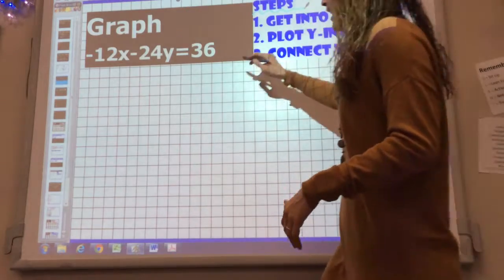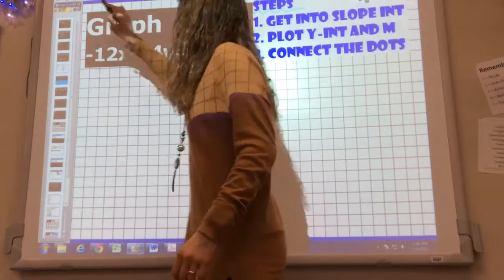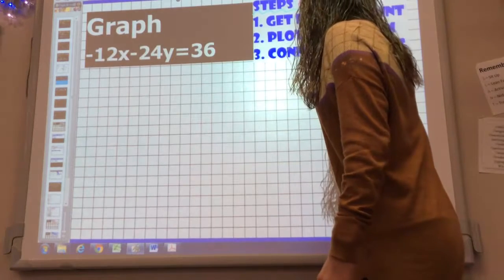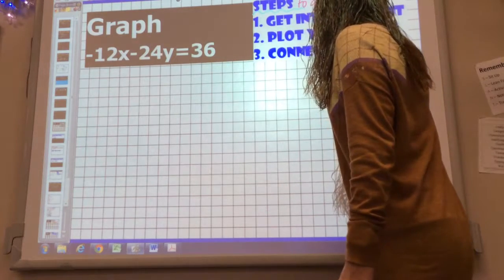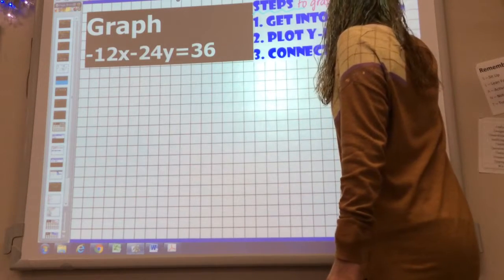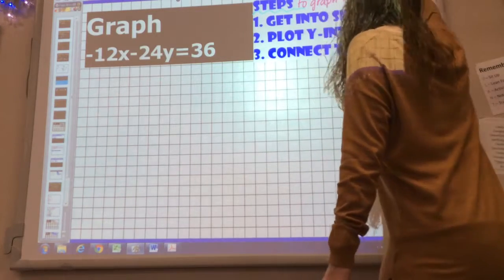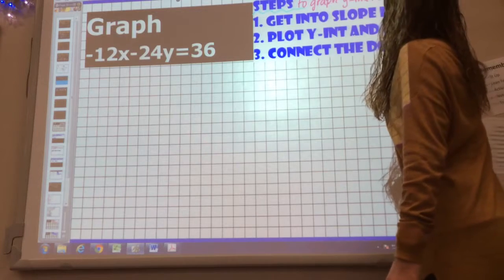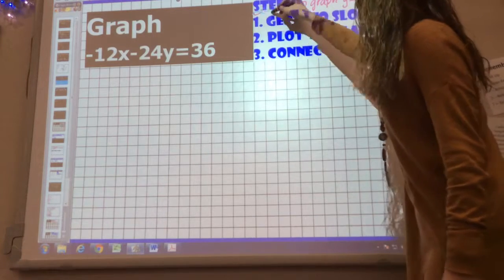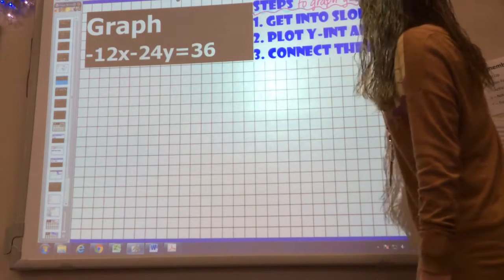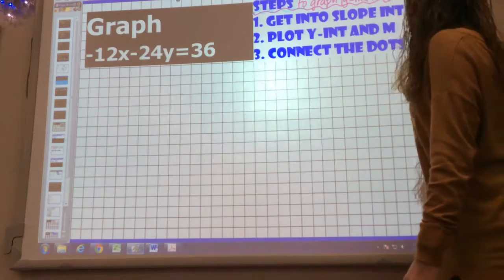So if you can write this down, steps to graph using y equals mx plus b, and I'm going to get rid of this snowflake for a second. There you go. So steps to graph using y equals mx plus b.